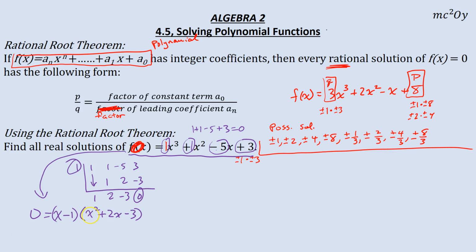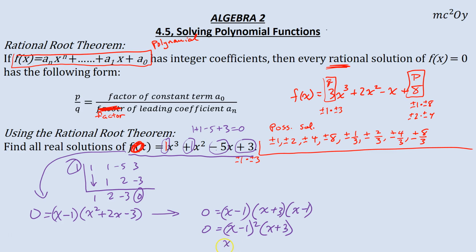And so now I can look at factoring my quadratic here. So all of that can become, well, 0 equals x minus 1 times, well, that factors to x plus 3, x minus 1. All right. So that means my solutions actually are x minus 1, quantity squared, times x plus 3.